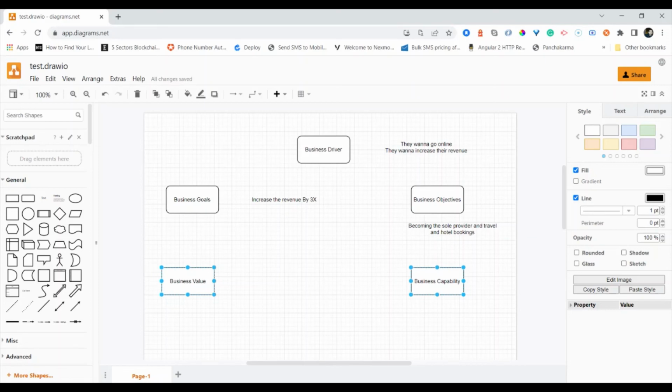So in this case, your internal employees are also your users, and you are creating value for them also. So these are the next things which you need to identify while you are architecting a new solution from your requirements. Today's discussion was around these things only, which are business drivers, goals, business value and capabilities.